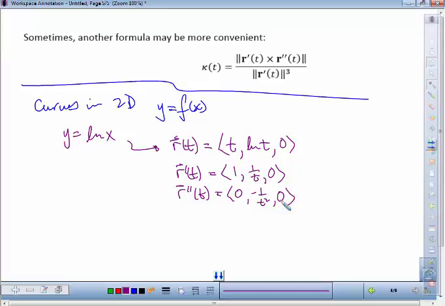So I'm interested in crossing this. Normally, I'd want to try to stay away from the cross product, but I have a bunch of zeros here, so this actually might not be so bad. So let's find r prime of t cross r double prime of t.